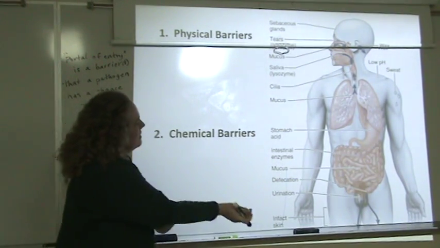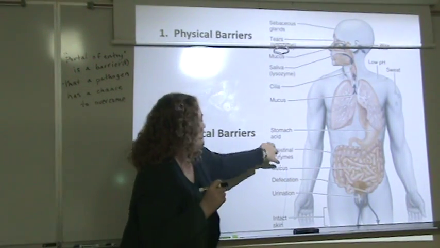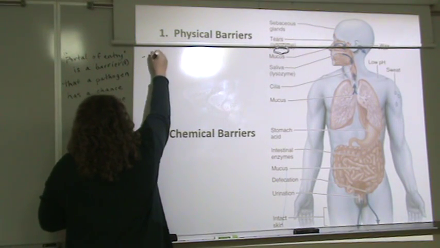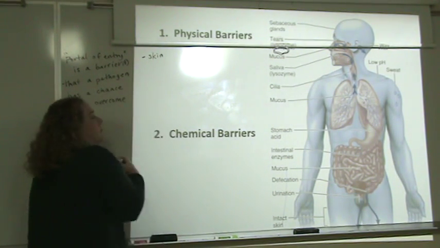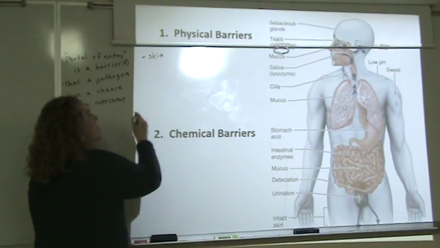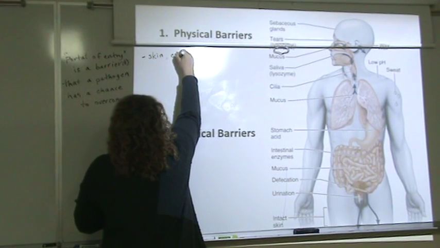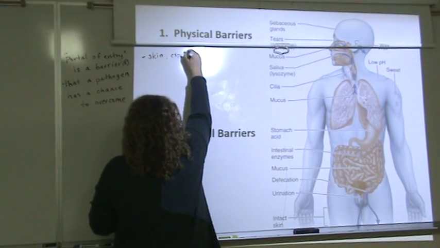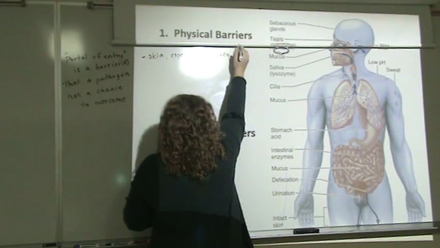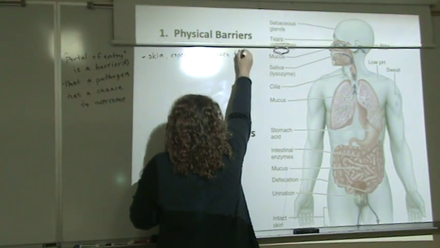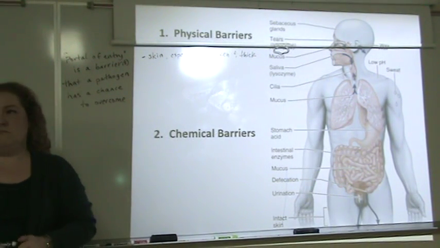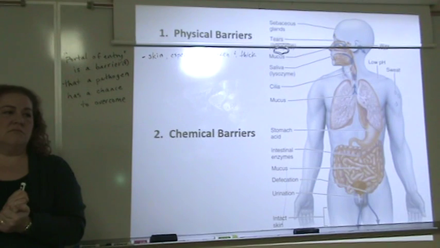So this picture is showing actually the chemical barriers. The physical barriers are the ones that are not quite associated with chemicals. So skin, especially unbroken skin, and especially if you have thick unbroken skin, that's a good barrier.